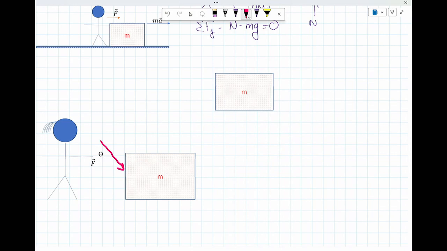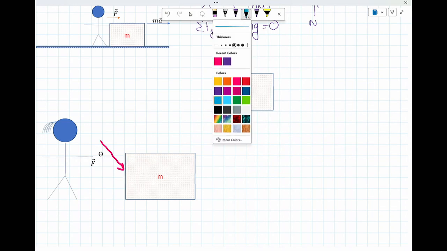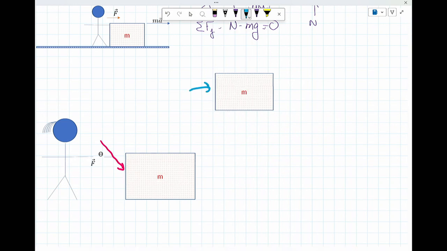And that angle is theta. And if you start to look at that, you're going to have forces in x. You're going to have forces in y. You're going to have the weight force, and I'll just call it mg, and you'll have the normal force.